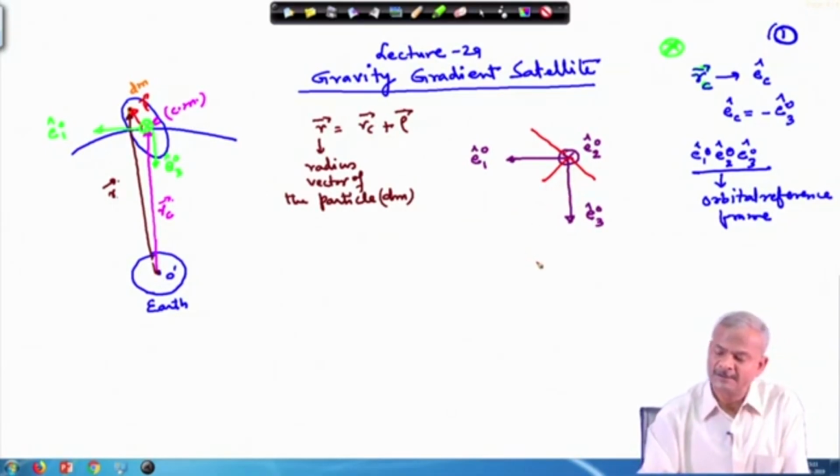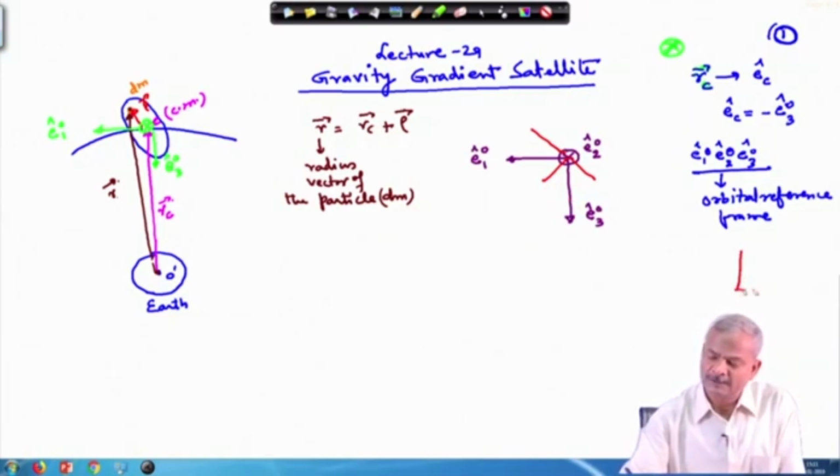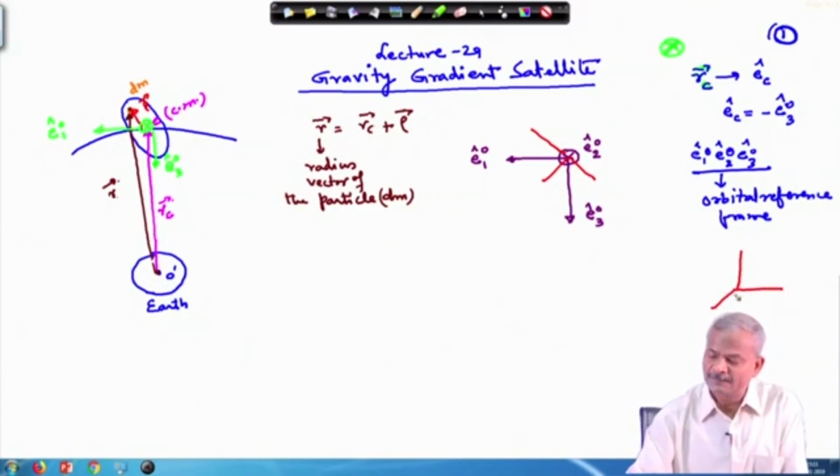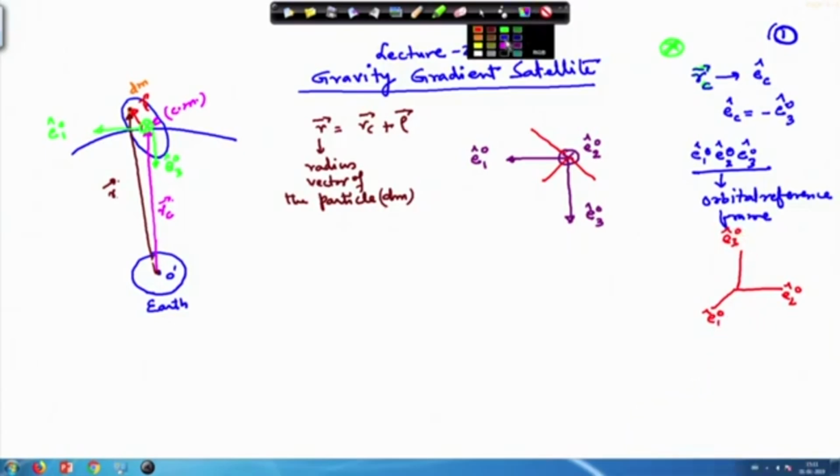Obviously this is a two dimensional figure on this page, so it cannot be shown that correctly. But if I have this E1 cap, E2 cap, E3 cap, instead of this place I am showing it here. We can show it something like this.